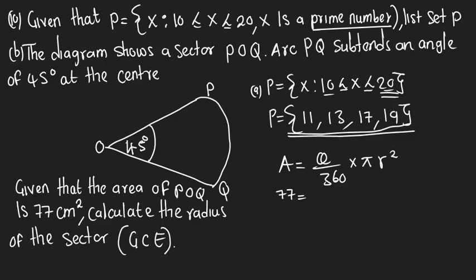Sometimes they won't give you the angle theta, they'll ask you to find it. But since it was given to be 45, we'll put it here over 360 multiplied by pi, which is just 22 over 7, and then r to the power 2. So here you can cancel, just simplify it. Here it will be 1, 45 into 360 is 8.